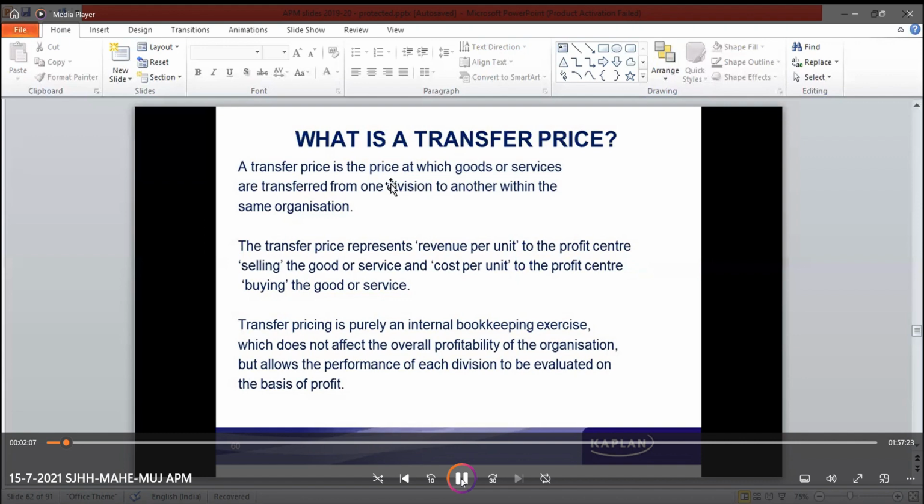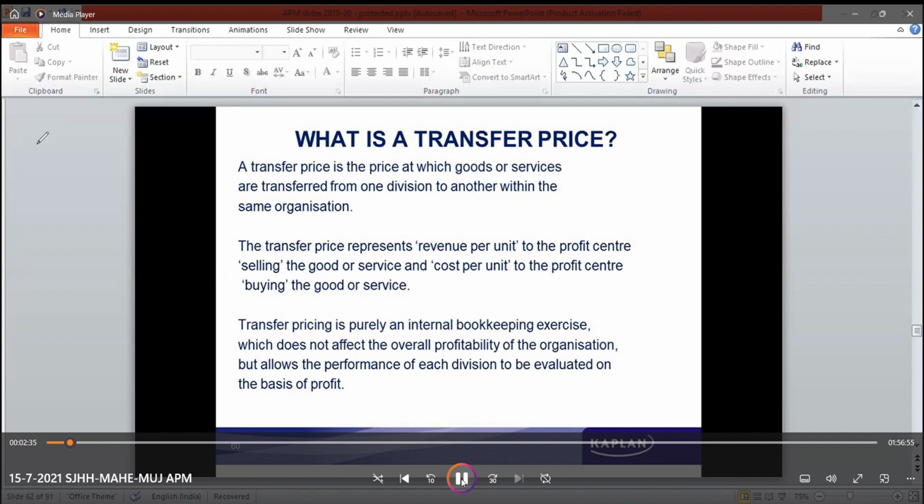Performance evaluation is based on key variables, which are ROI and RI, return on investment and residual income. In such an environment, every responsibility center works with the intention of being appraised as the best.